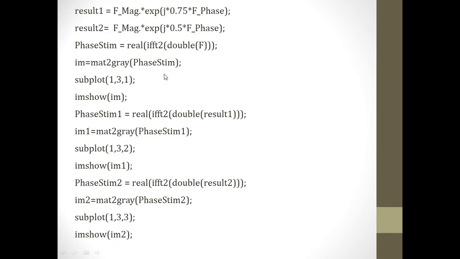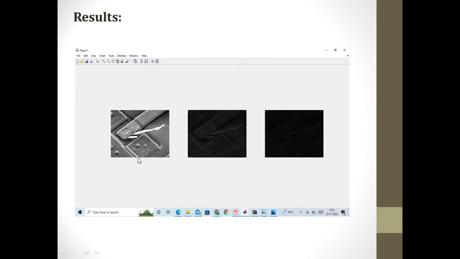Now let us plot the three images: the original image, the image whose phase angle is changed by 0.75, and the third image whose phase angle is changed by 0.5. See, this is the original image. And these are the images obtained after reducing the phase angle.